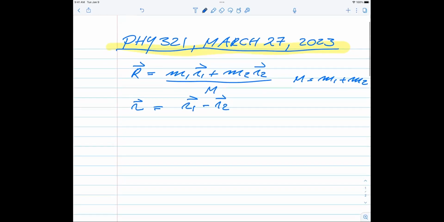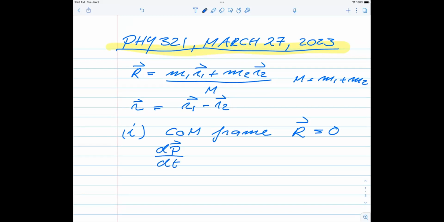And then came a series of technicalities which we went through. And let me just repeat them for you, just listing the final results. So one thing which we do is to choose the center of mass frame, COM is center of mass. And in that case, we simply choose R equal to 0. And that led to dP/dt, the time derivative of the momentum, equal to 0.